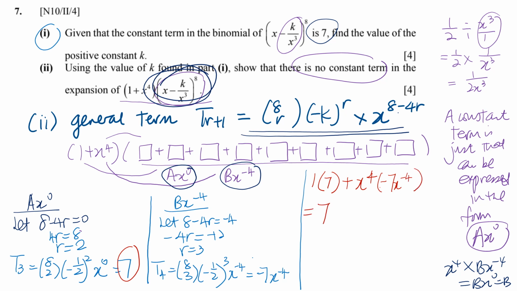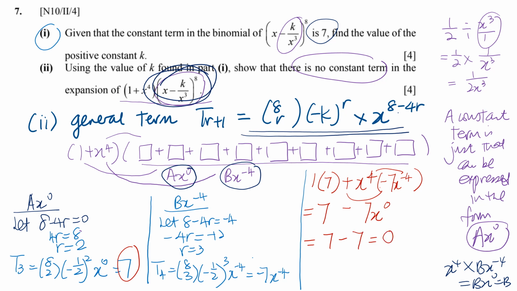So you have 7 plus times minus is minus 7x to the power of 0. I get 0 because 4 minus 4 is 0, and 7 minus 7 is just 0.